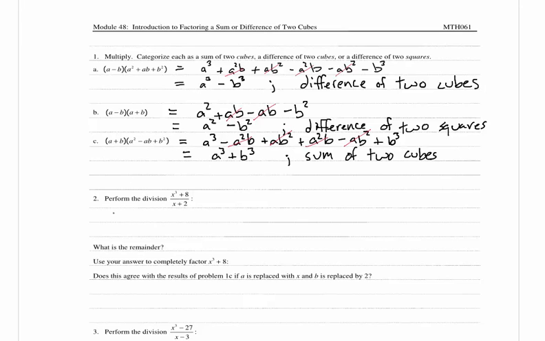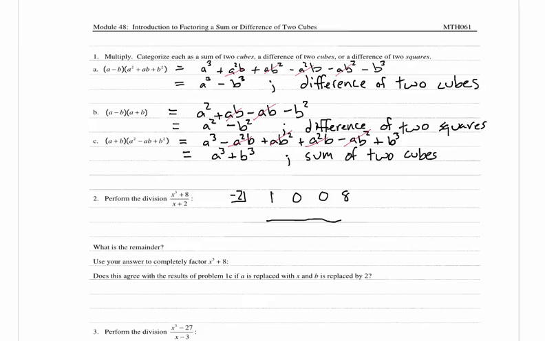In 2, it wants us to perform the division: x cubed plus 8 divided by x plus 2. So if we did synthetic division, we would have a negative 2, and then our coefficients from the numerator: 1 for x cubed, 0 for x squared, 0 for x, and 8.